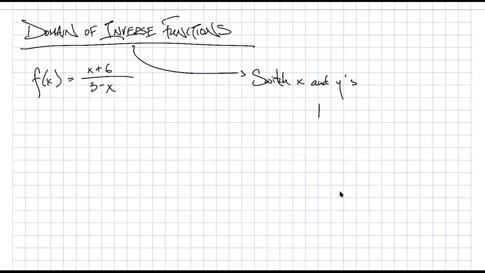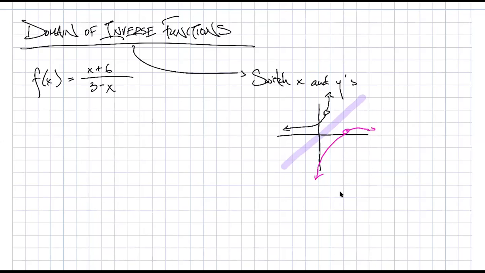Meaning, if I have a function, and let's just say I had an exponential function, but I had a hole in it. If I want to reflect this over the line y equals x, when I reflect it, the hole is still going to be there. Does that make sense?